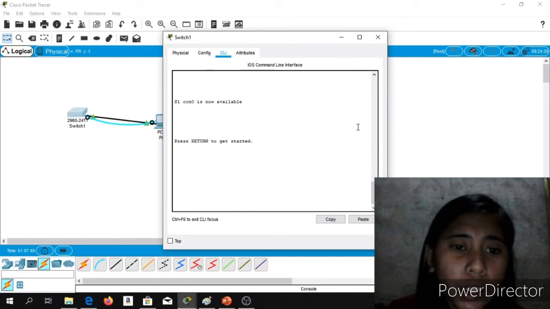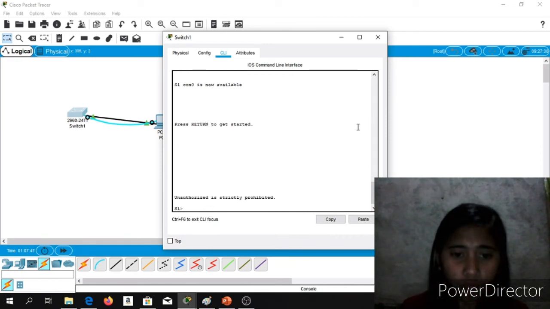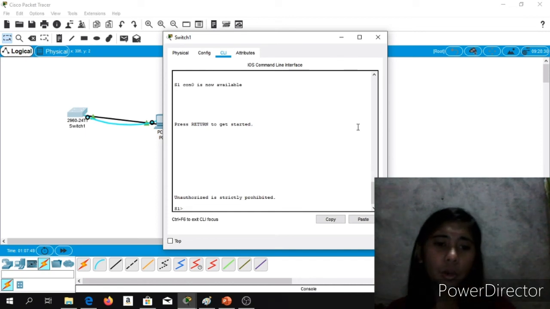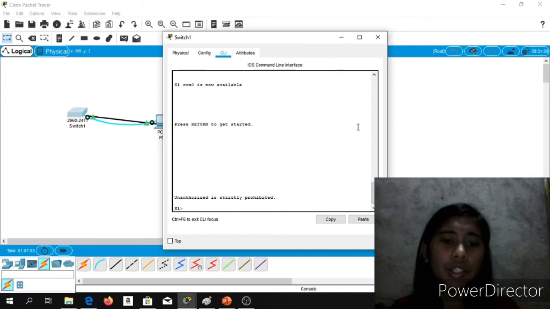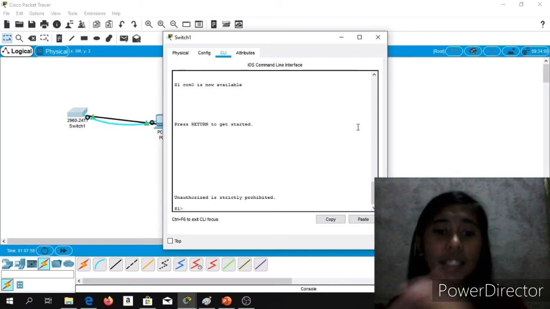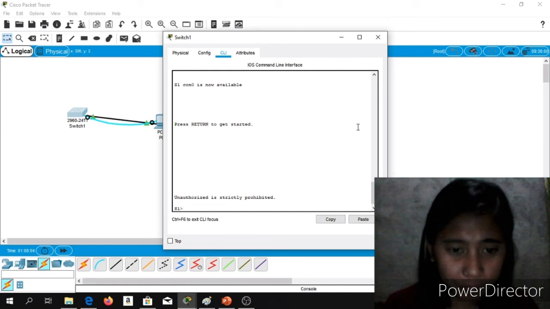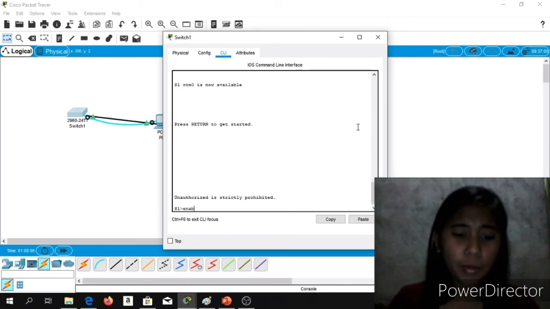It will show that the switch con0 is now available. Press return to get started. Now, as you can see, there is the banner: unauthorized access is strictly prohibited. And as for enable.